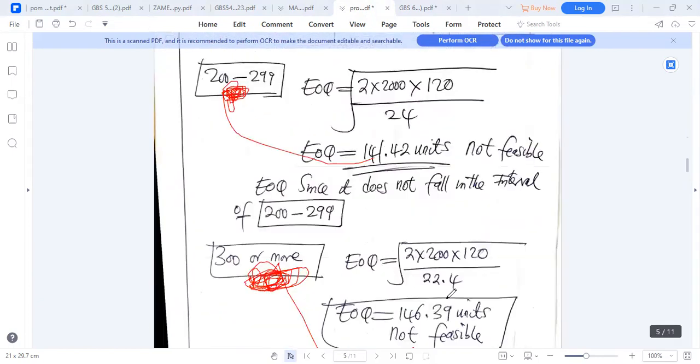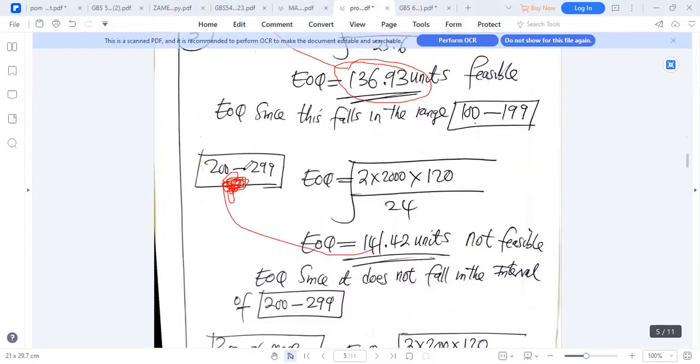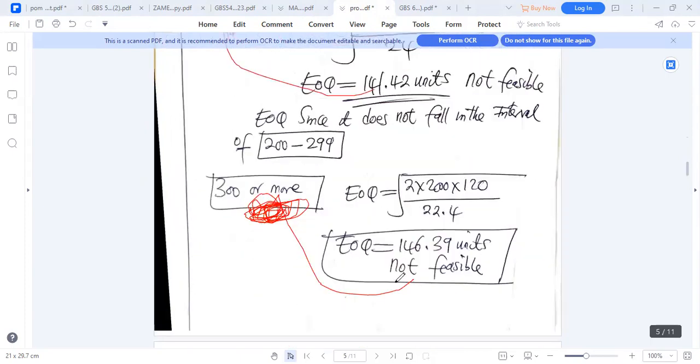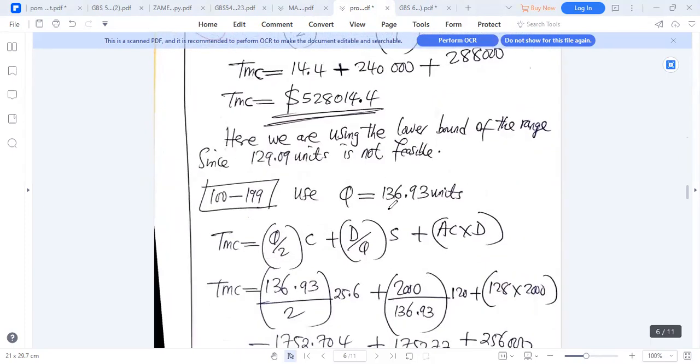Similarly, for the total material cost for 200 to 299, we are using the feasible EOQ. This one was feasible because it was falling within the range.